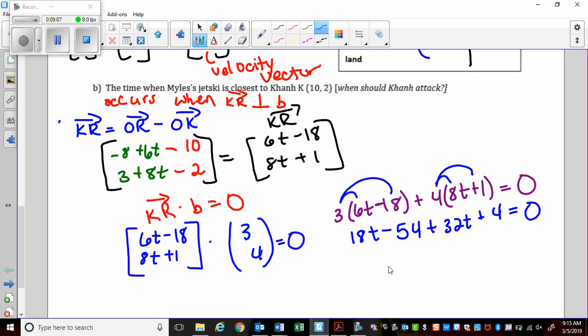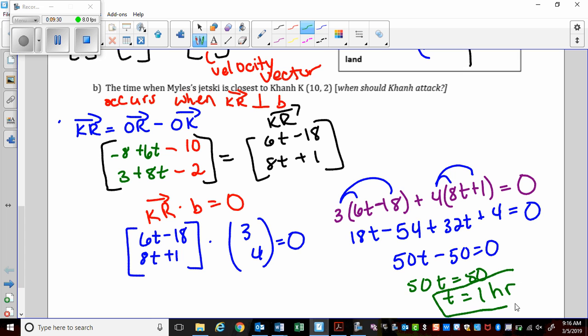It looks like it is 50t. Check it, guys. Minus 50. Add that 50 to move it to the other side. I have 50t equals 50. And divide by 50, I get t equals 1 hour. After 1 hour, that would be the best time. Awesome.